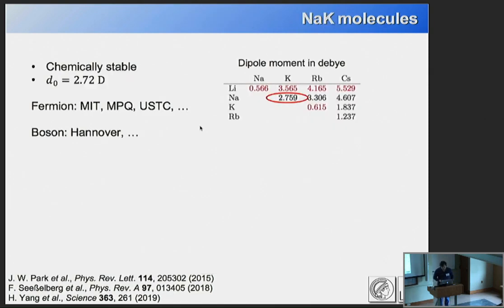Our system is sodium-potassium molecules. They are chemically stable and have a large dipole moment. There are a few groups that can produce fermionic sodium-potassium molecules, including us. Also, the Hannover group is very close to getting ground state bosonic sodium-potassium molecules.